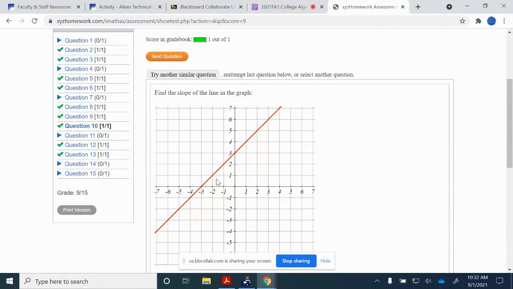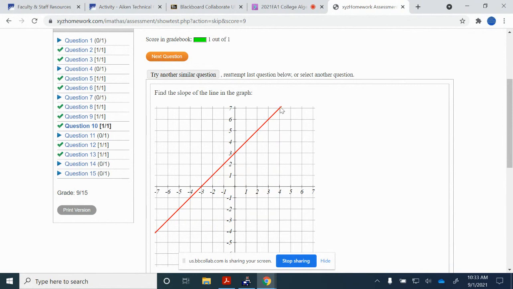Normally this problem is a little bit confusing because it's hard to determine which points to take. You just want to make sure you take points where you can clearly pull out the ordered pairs. So let's say I were to take this point here, and this point up here, I could draw an imaginary right triangle and physically count my rise and run. I'm going to start here and count the distance between here and here.